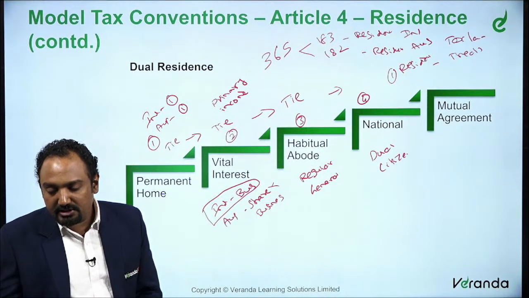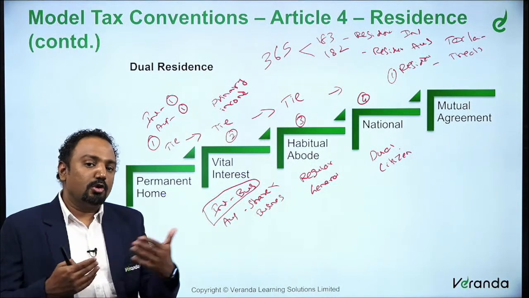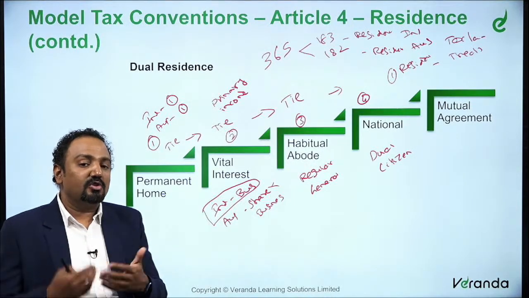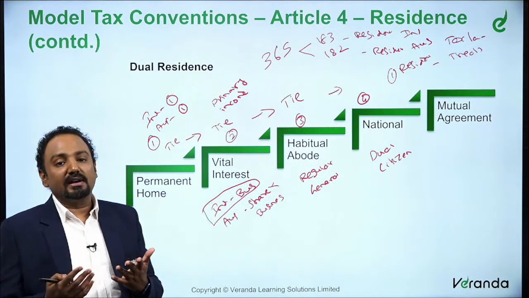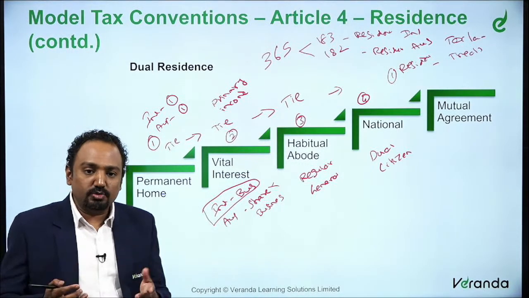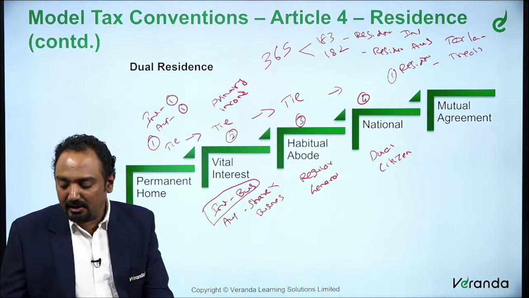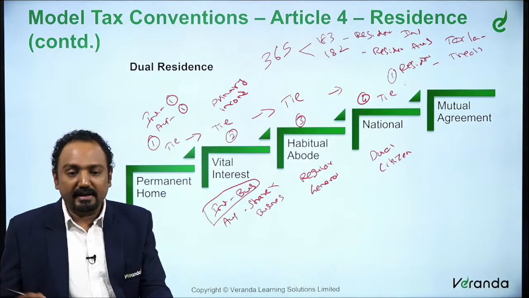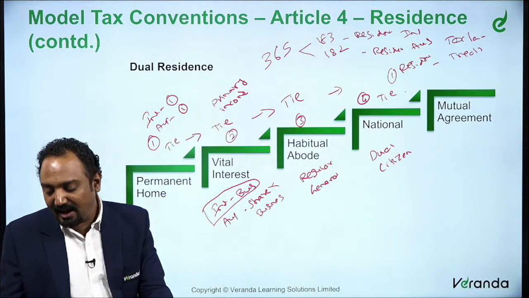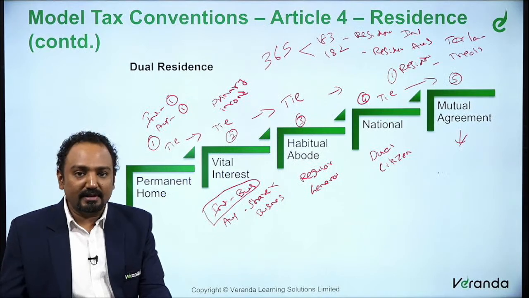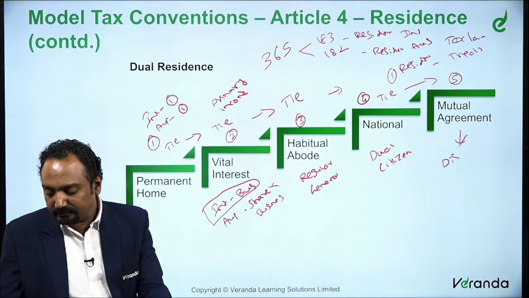Now if it's dual citizenship, you are a citizen in both countries, so your nationality probably could not be decided, or it's an equal national. In that case, there could be a tiebreaker in the fourth situation also. Moving on, the fifth step is mutual agreement, that is, through discussion.